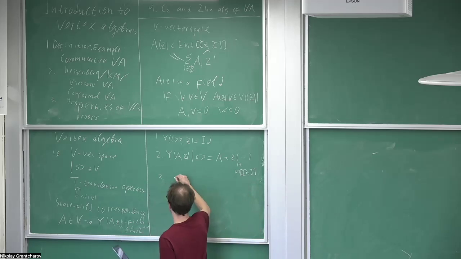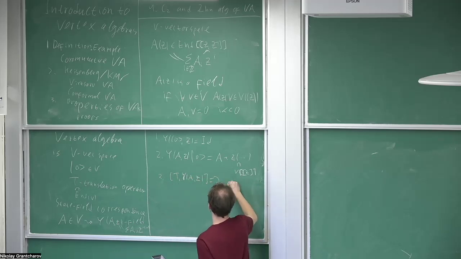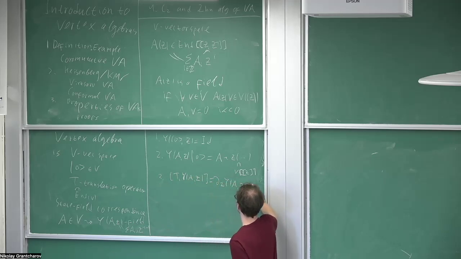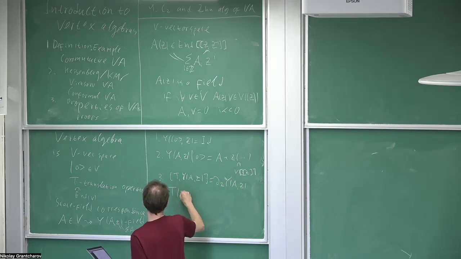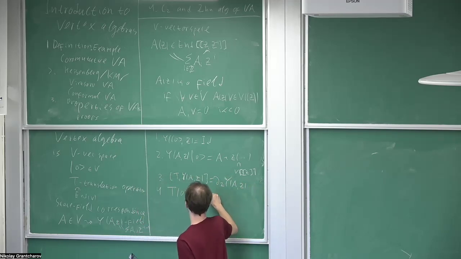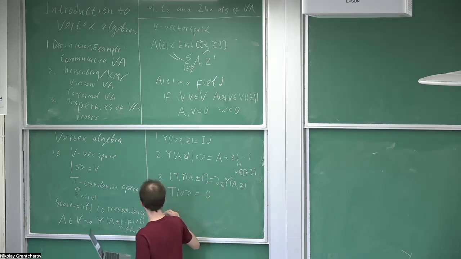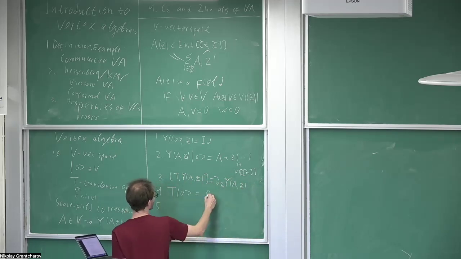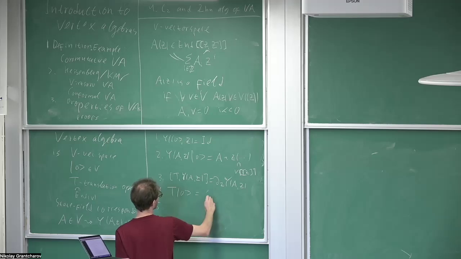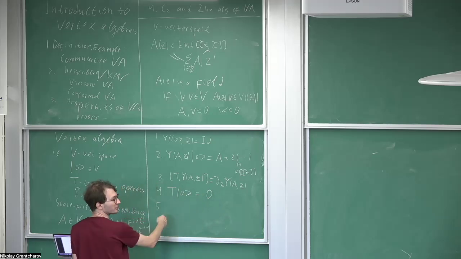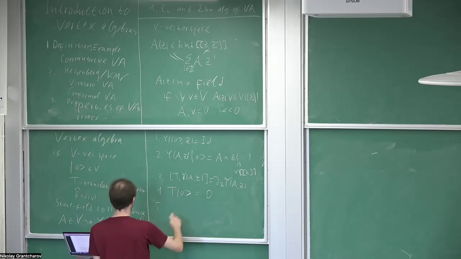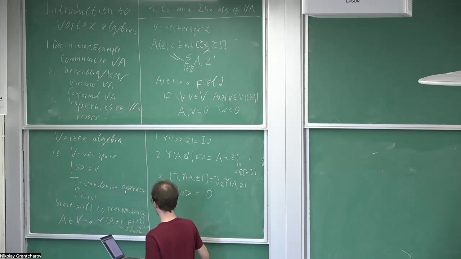Yeah, the third axiom is about the commutator of this translation operator and the field. So the result should be the derivative. Or if I apply T to the vacuum, I get zero. Okay, sorry, I'll try to make the notation for the vacuum vector really different from the zero vector.